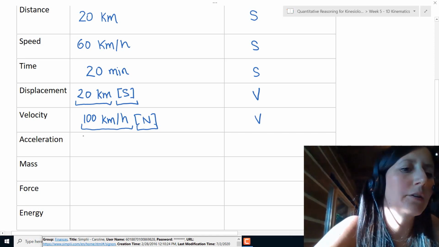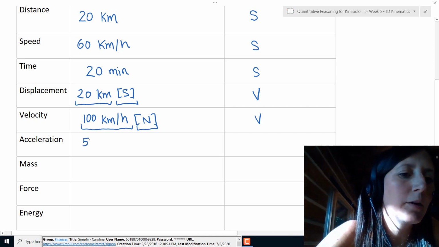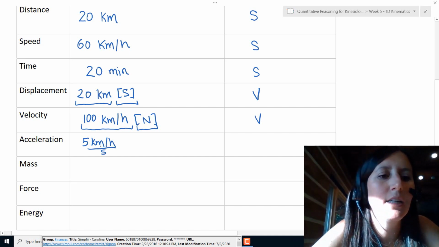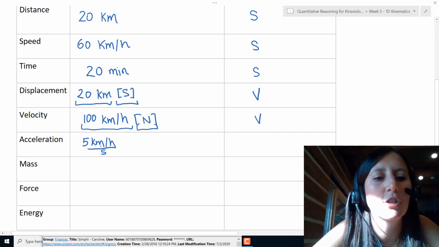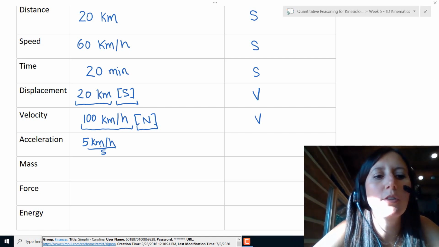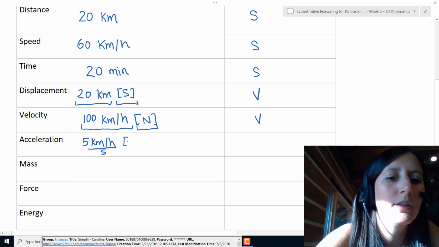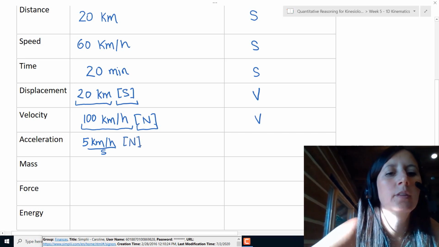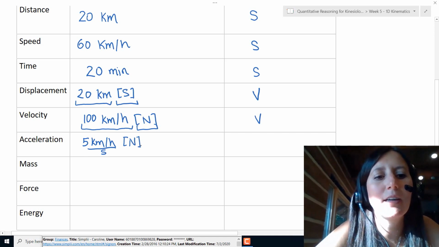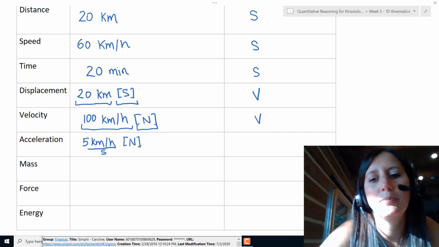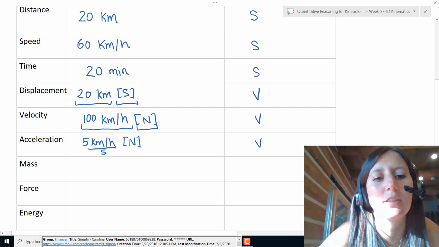That would mean that your acceleration is 5 kilometers per hour per second. Now, if you're traveling north and your speed is increasing, then your acceleration would also be north. All right, so acceleration is a vector. You should be including both the magnitude and the direction.